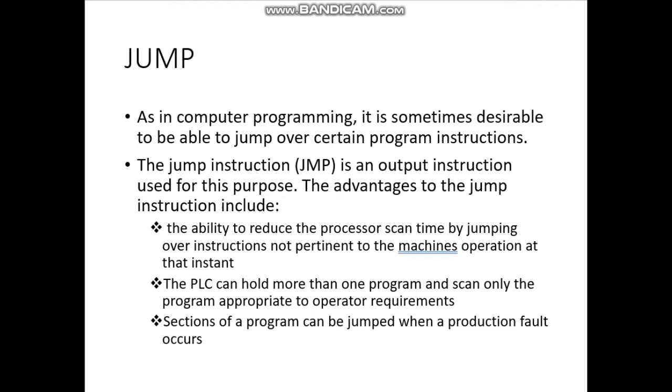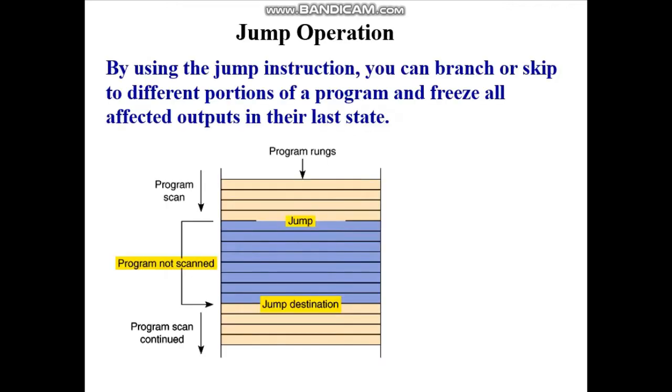If you think of it like a branching process, if you start to jump over some instructions, that means you can set more than one program together, and whenever this part of the program is executed, you will not be going through the other programs that are not related to your processes.